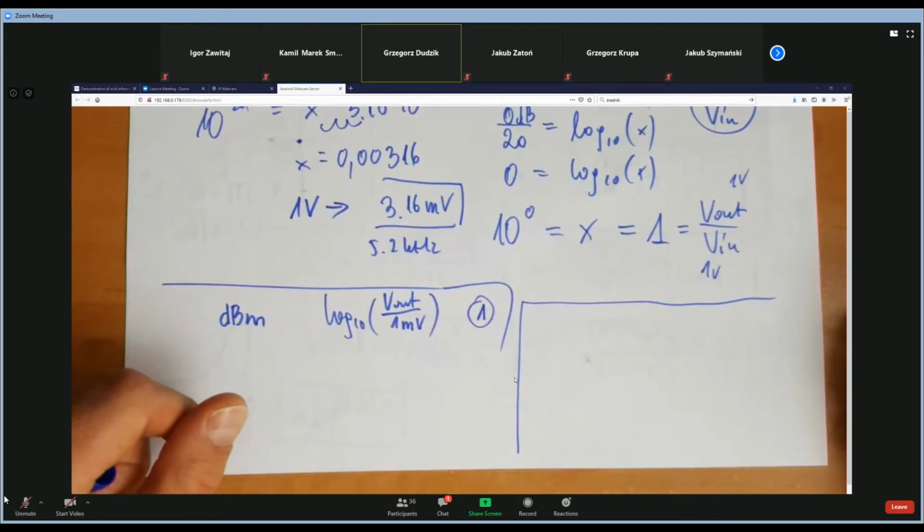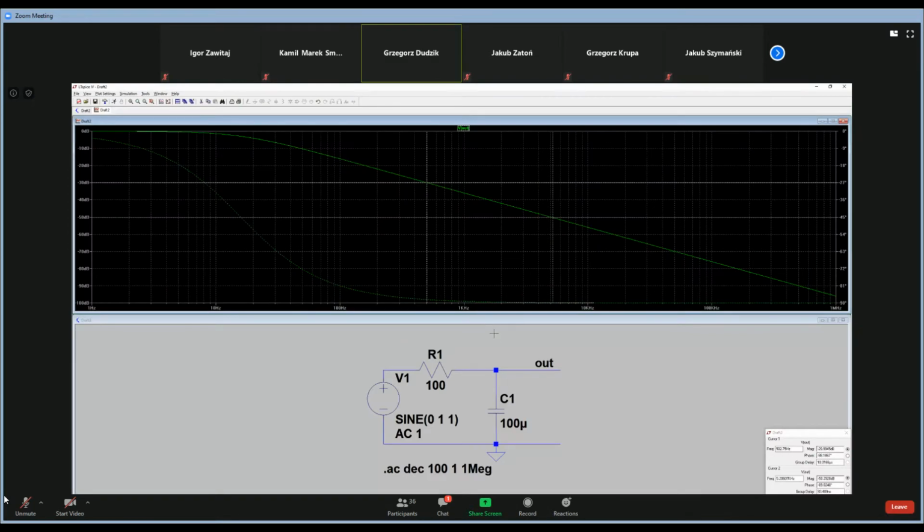Okay, coming back here. Because this is the low pass filter, we can say that for some frequencies the filter is passing the signal, and for other frequencies the signal is blocked. However, of course, we don't have ideal filters.